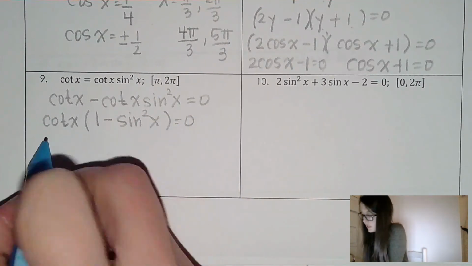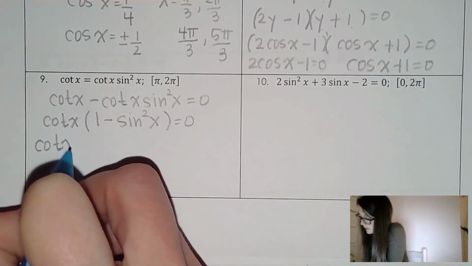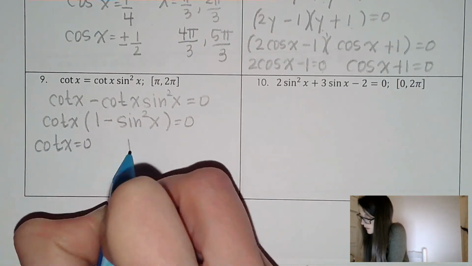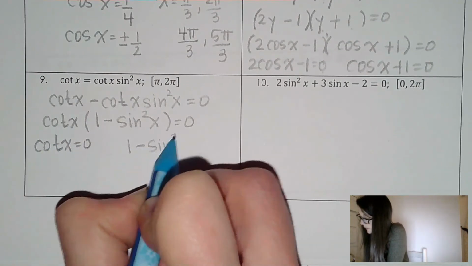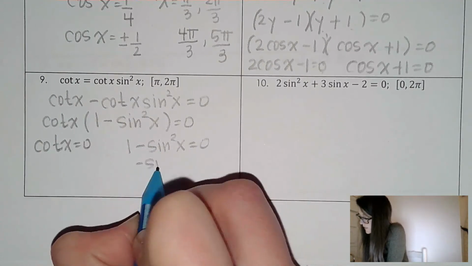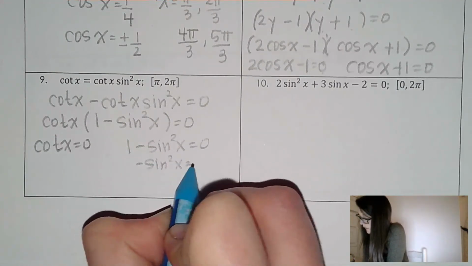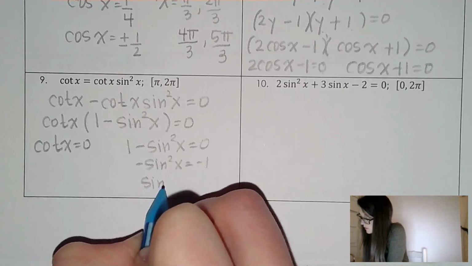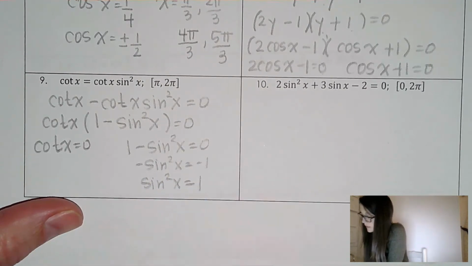I can set both of those equal to 0, so cotangent of x is equal to 0, and then 1 minus sine squared x is equal to 0. So this will be a negative sine squared x is equal to a negative 1. So this will be sine squared x is equal to a positive 1.